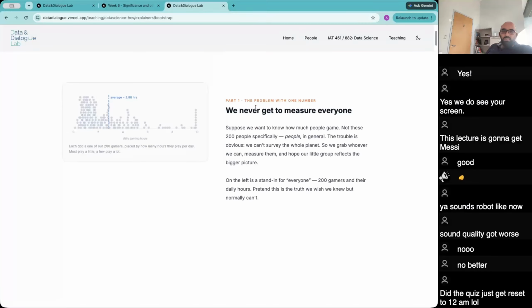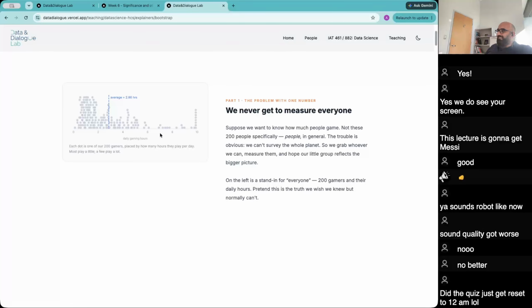Again, we never get to measure everyone. Suppose we want to know how much people game, not these 200 people specifically, but people in general. The trouble is obvious. We can't survey the whole planet, right? So assume for now that this 200 is everyone.